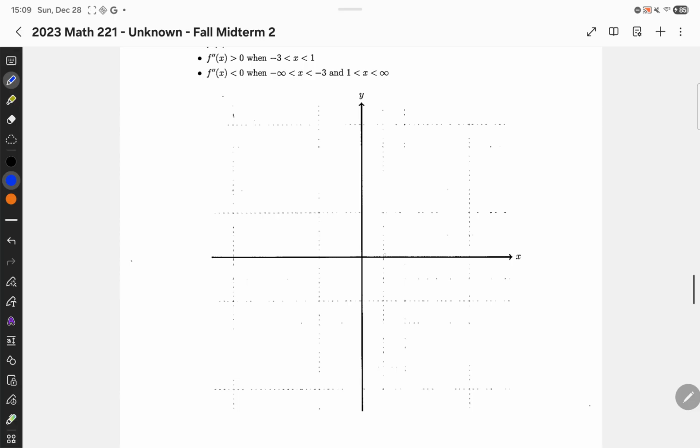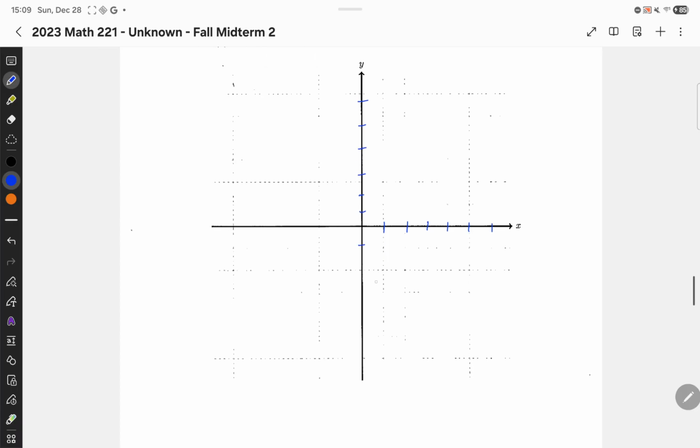So we'll have 1, 2, 3, 4, 5, 6. Same thing on all these other axes. They don't have to be perfect, because we're going to label all the other parts of our graph. And the last one on the negative x-axis.